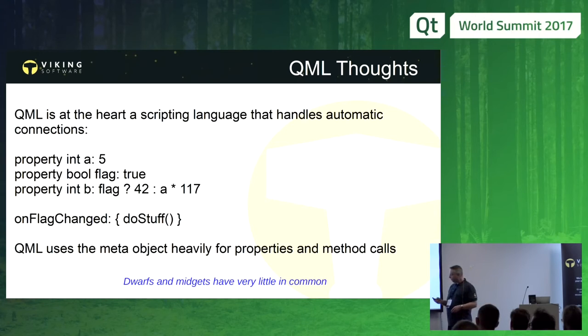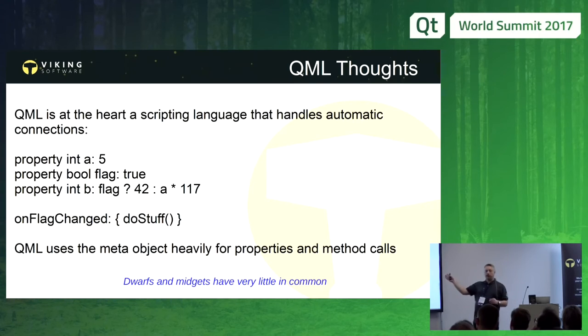Well, first of all, this one here, the A, is now a dynamic property on a QObject. Any QML object is something that inherits QObject. It actually inherits an item class from QML because it obviously has a bit more.